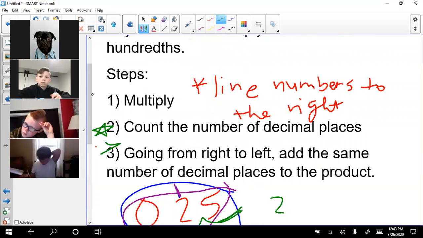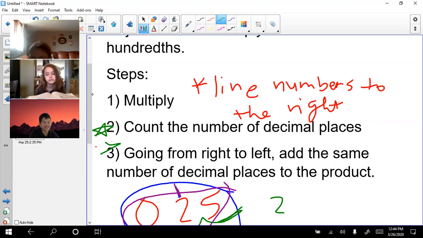So let's go ahead and do whole brain teaching with multiply, count the number of decimal spots. All right, you ready? And you'll just repeat it out loud, but stay muted. All right, ready? Mirror. Step number 1, multiply.